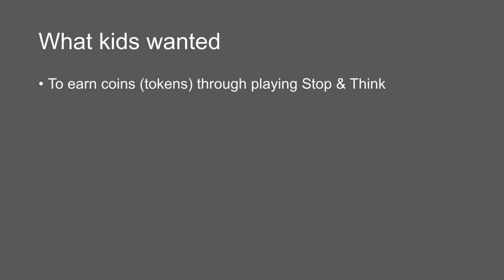So we came up with these ideas of these 2 components through talking with children aged 8 to 10 about what kinds of rewards they'd like to receive in Stop and Think, and what they'd like to be able to do with these rewards. And the general things were pretty consistent across children. They wanted to earn coins or tokens through playing Stop and Think.